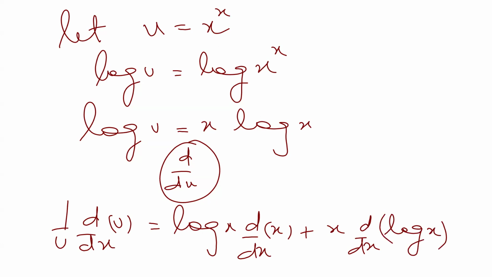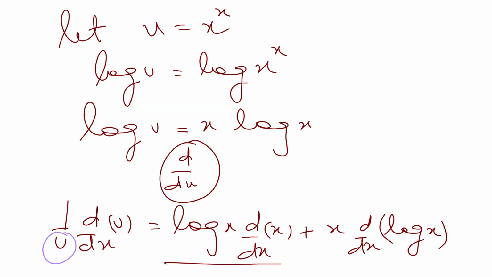Fine. Now shift this u on the other side. So du by dx is equal to u into log x into 1 plus x into 1 upon x.